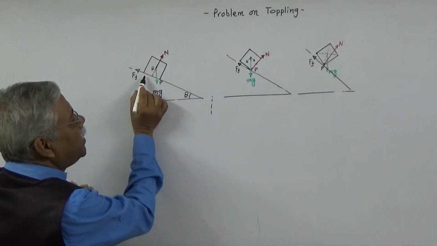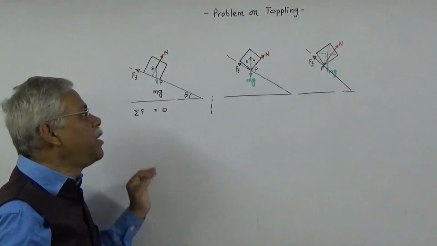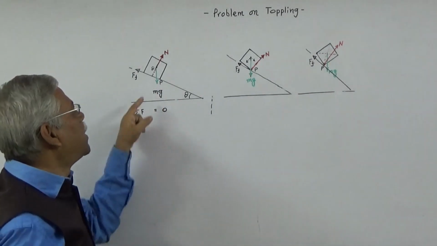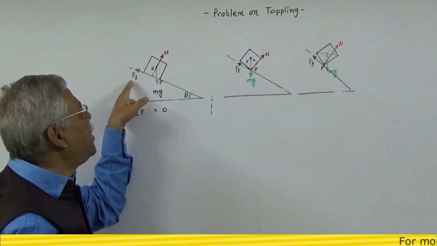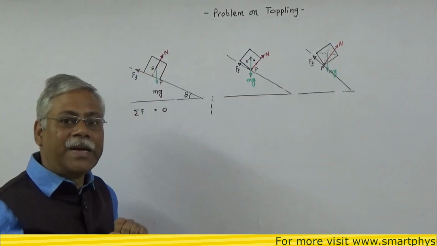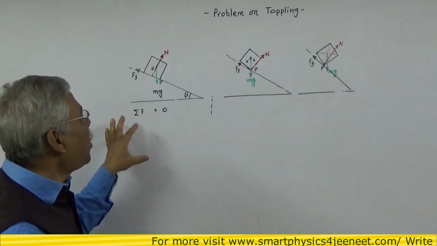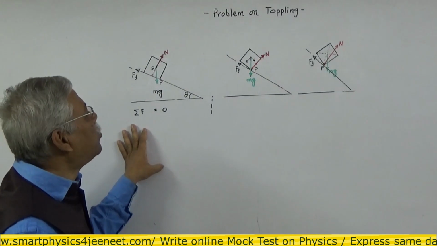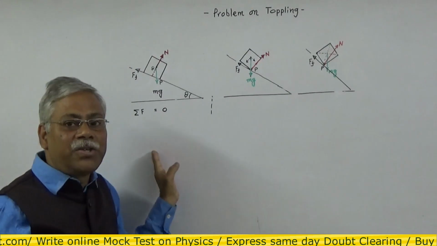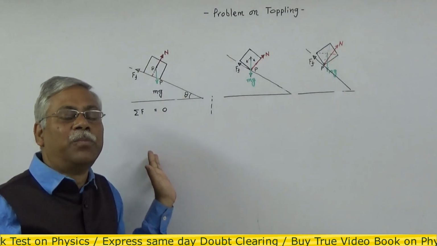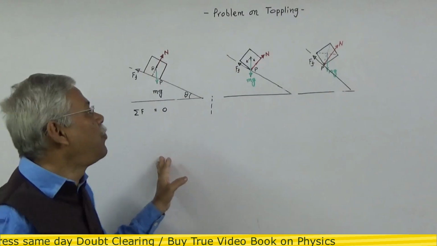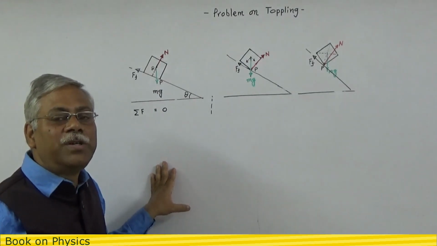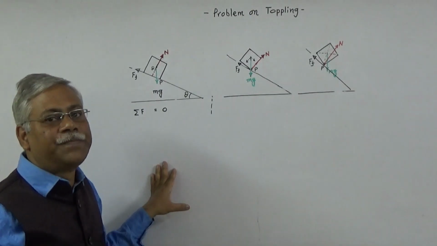Since the body is in translational equilibrium, it is not going down the incline. That means the resultant of mg, Ff and N is 0. Now what about the rotational equilibrium? The condition for rotational equilibrium is that the algebraic sum of the moments of all the forces acting on the body taken about any point should be 0.